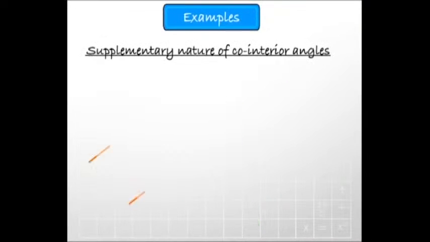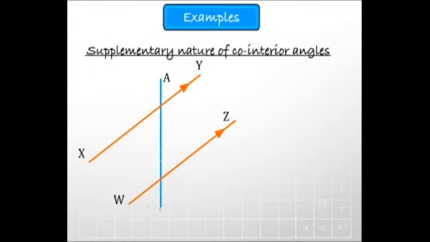Let's look at the following diagram. Now, looking at this diagram, we need to take note of a few things. Firstly, the line XY is parallel to the line WZ. Also, we have a line AB which cuts through the lines XY and WZ. So, AB is our transversal. Therefore, we know that we are going to have co-interior angles being formed.